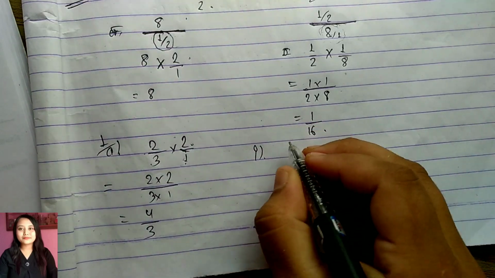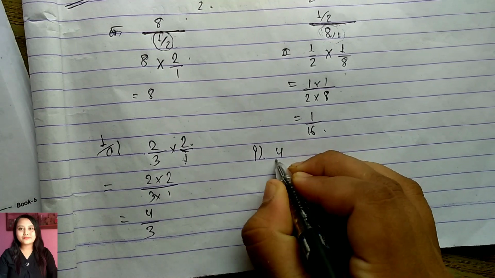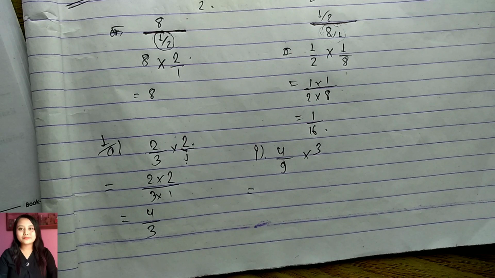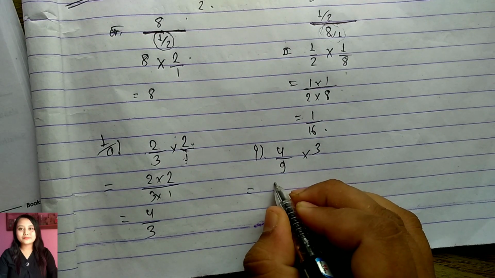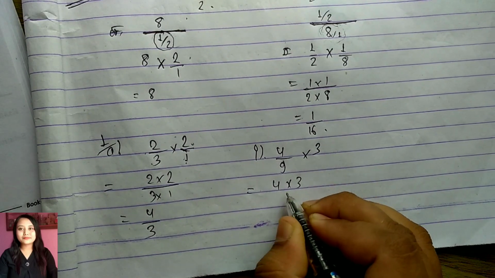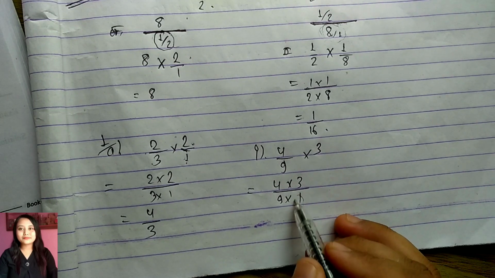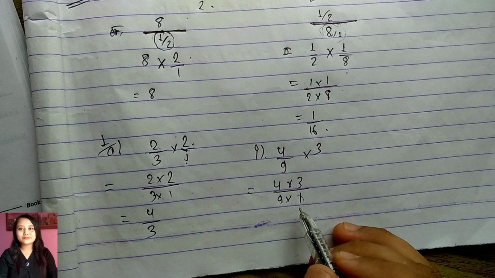In question number I, 4 by 9 into 3 is given. So what we can do is 4 into 3 upon 9 into 1. Yes, you understood why I wrote 1? I hope you have understood this.